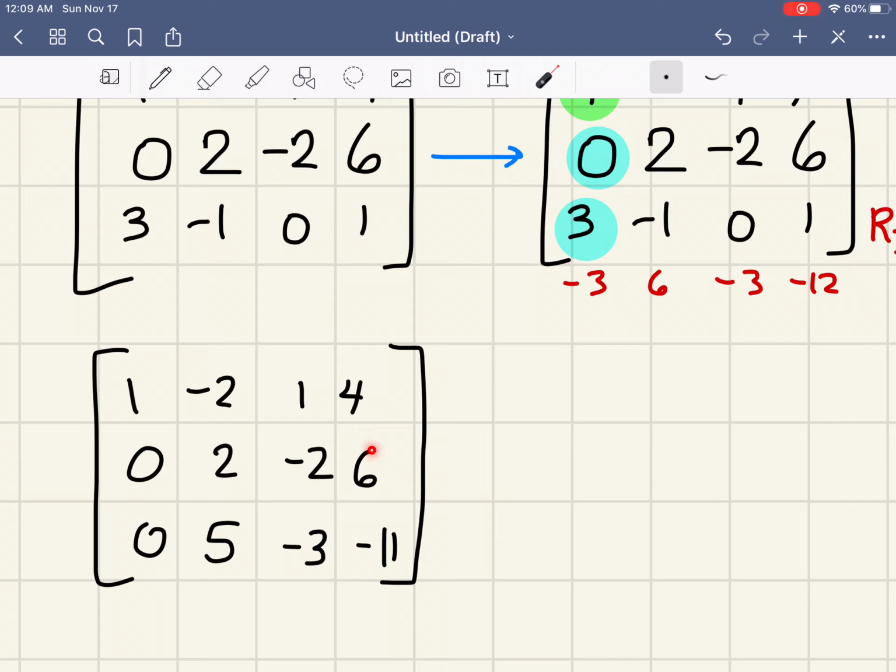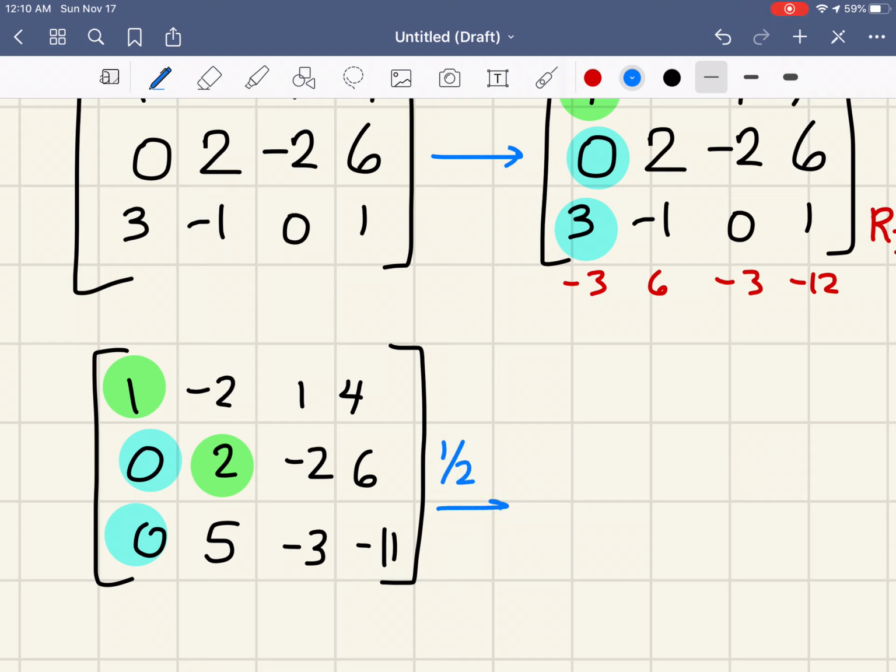And since this is a nice little row where I can have multiples of stuff and do some easy division, I'm going to use this row to get my leading one here, and I'm zeroing out below. I want to turn this 2 into a leading 1 by dividing the entire row by 2, or multiply by half, right?